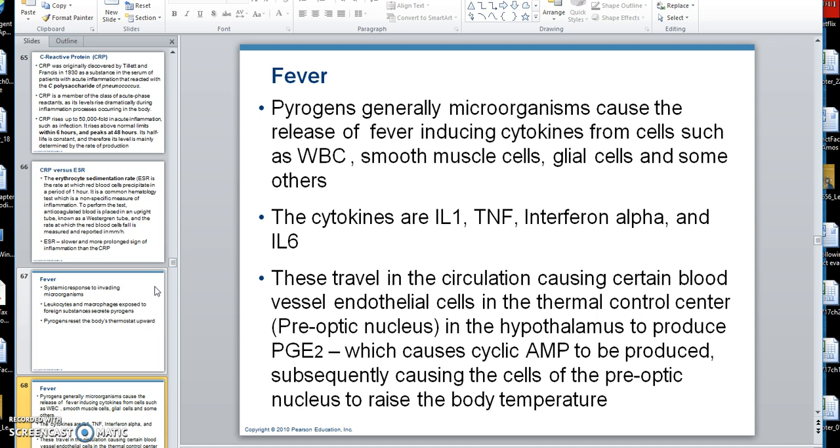The thermostat has been set now, quickly turned up, so that your body needs to be 103 because the bacteria have dictated that. Now, technically speaking, you feel too cold because the thermostat has been set up to 103. You are 100, so you feel chills.